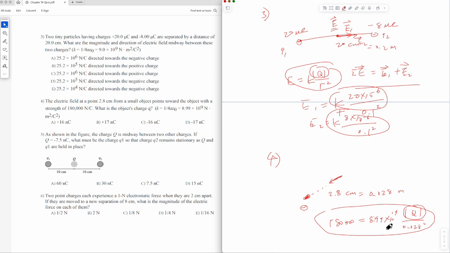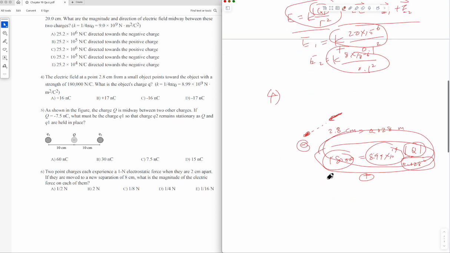Find Q: basically, this times this divided by this. The Q you get here is a positive value, because you're looking for the magnitude of the electric field. The direction tells you the sign of the charge: towards this object means it must be a negative charge. Plug in and you get either C or D. Just use a calculator to find this one.